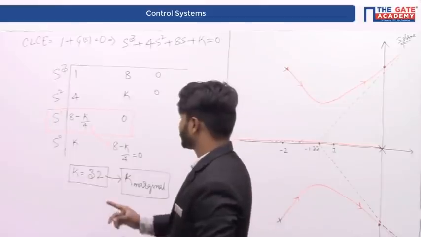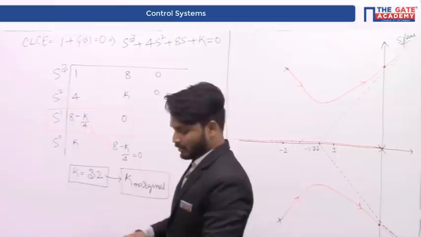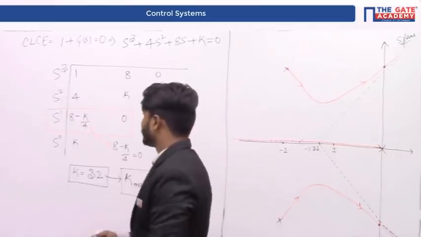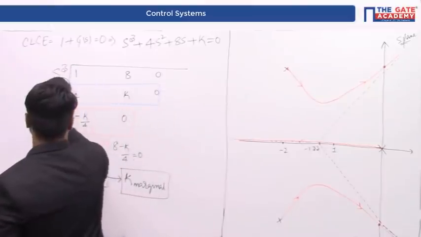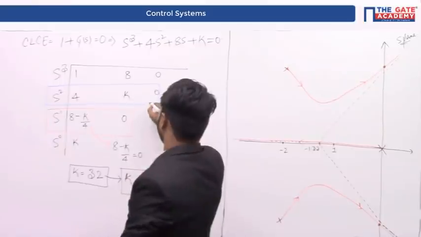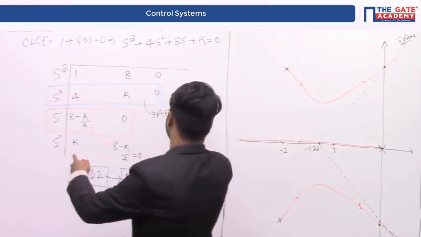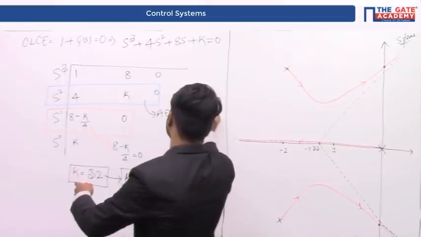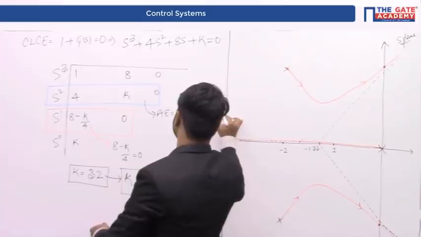Therefore, obtain the auxiliary equation by putting this value of K in the auxiliary equation row. How will you obtain the auxiliary equation? You have to obtain it from this particular row. So the auxiliary equation is going to be 4s square plus K is equal to 0.